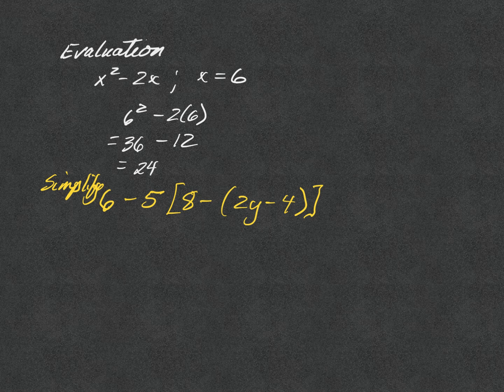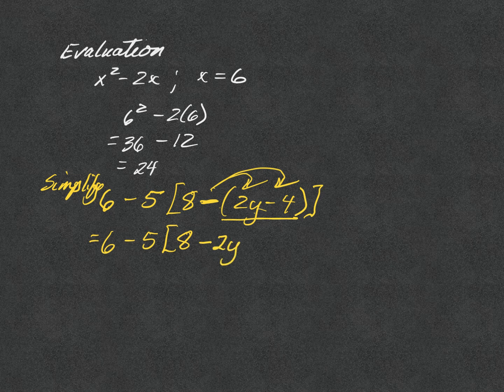Look at the problem, say, okay, this is my inside most parentheses, but I can't really add there because they're not like terms. So the next thing I do is I do the multiplication or the distributive property multiplying by the -1. So then the next step would be 6 minus 5, 8, and then -1 times 2y is -2y. -1 times -4 is +4. And I end up there.